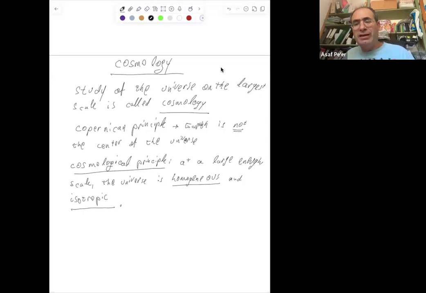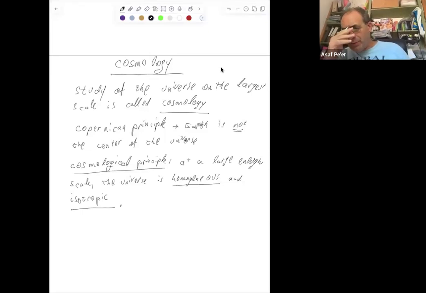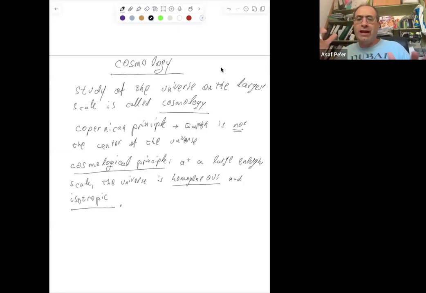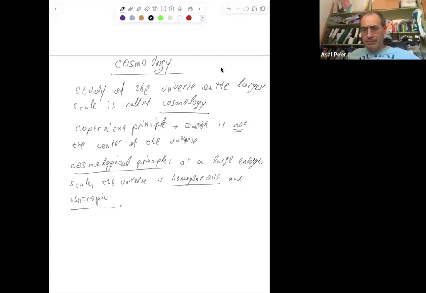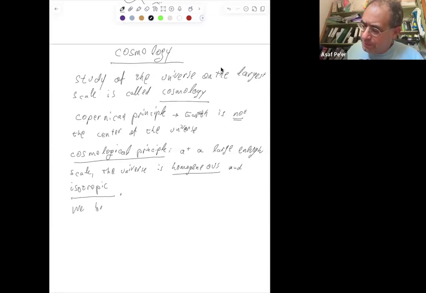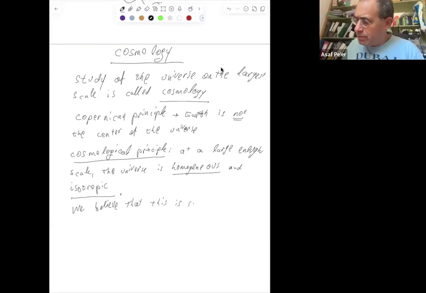But we believe that on a very large scale, not the scale of the solar system, not even the scale of a galaxy, not even the scale of clusters of galaxies, but scales larger than clusters of galaxies, this is a very good approximation.